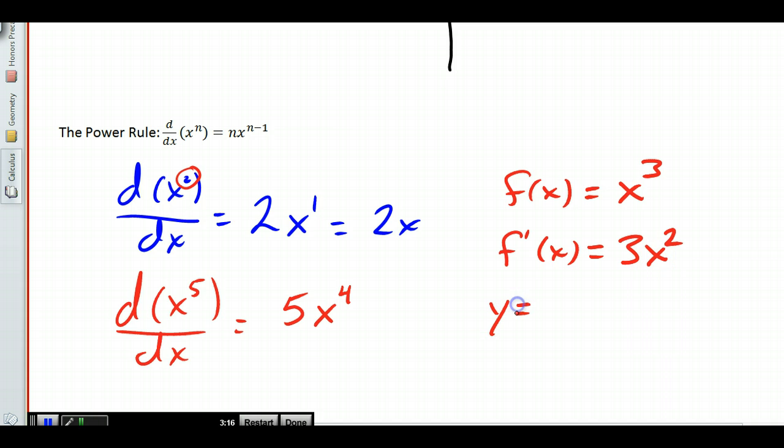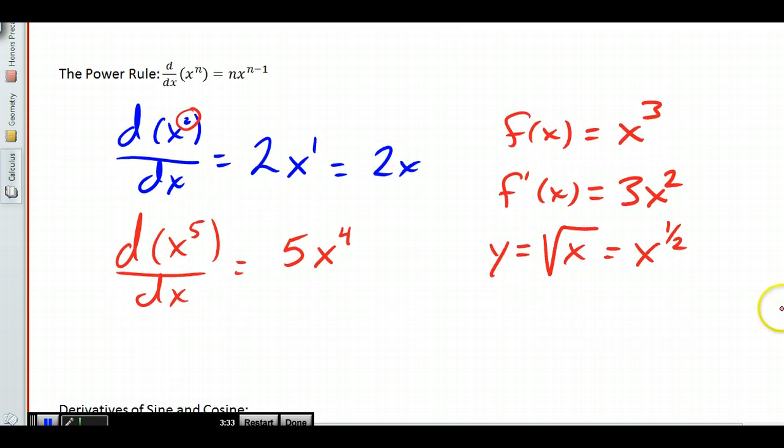Or let's do something interesting. Let's say that y is the square root of x. Well, we can rewrite that as x to the 1/2. And guess what? The power rule works for fraction exponents just as much as integer ones.